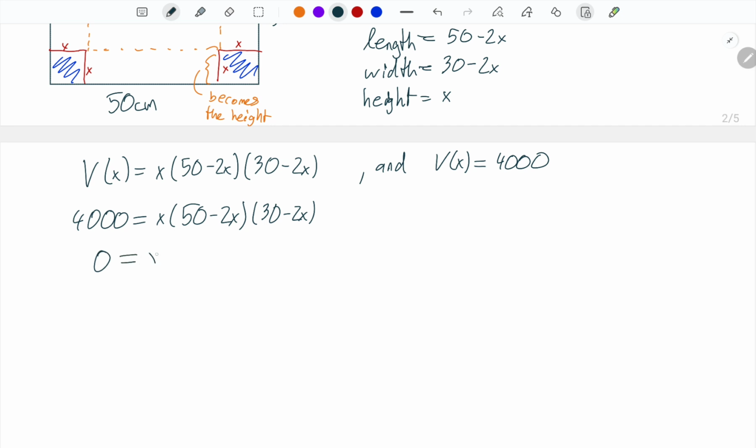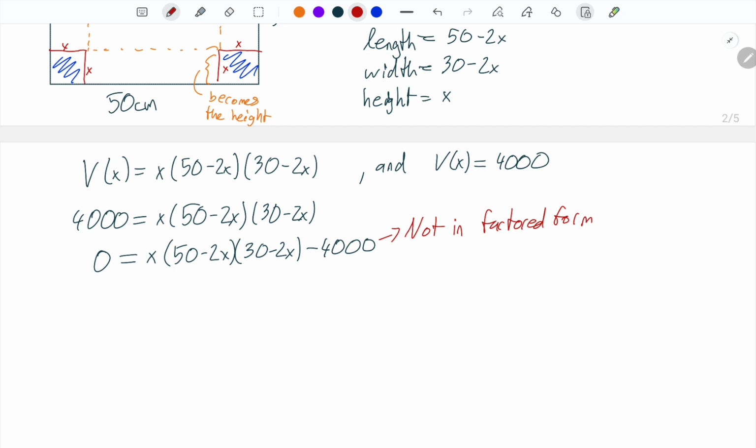So I'm going to set it as 0 equal to x times this times 30 minus 2x minus the 4,000. And since we have this minus 4,000 there, that means that's no longer in factored form there on the right, because everything needs to be multiplied. You can't have just one part like the 4,000 outside of it.